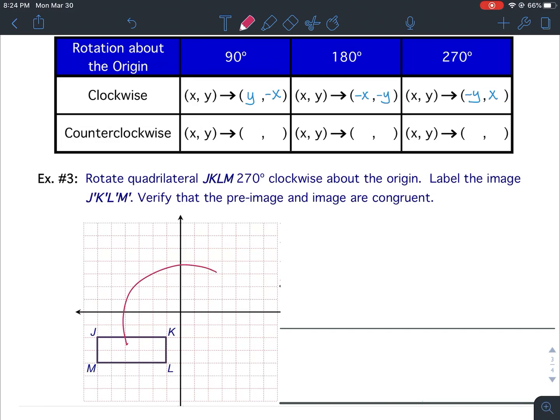Here to here would be 180 degrees. So from here to that quadrant, that would be 270 degrees clockwise, but that's the same thing as going 90 degrees counterclockwise. So 270 clockwise is the exact same thing as 90 degrees counterclockwise. So that means this right here looks the exact same as that up there. So if clockwise 270 is (-y, x), then counterclockwise 90 is (-y, x).